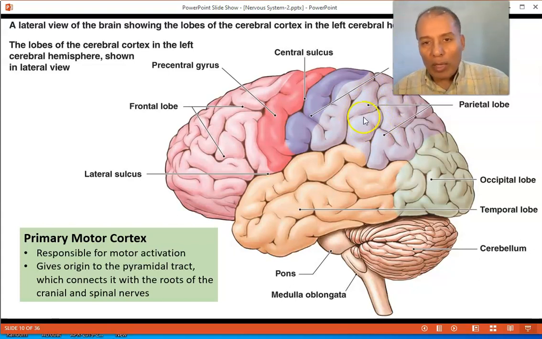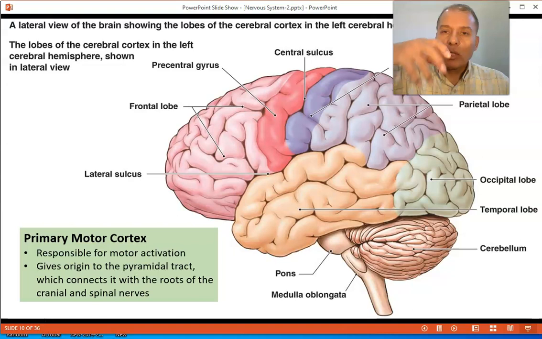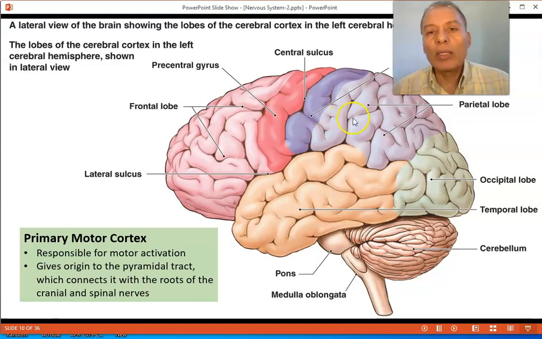So there are pathways here that connect with the premotor cortex to help in constructing the spatial motor map, so that your muscles will move in a certain space and in a certain direction, and you have to have this map before you begin activation of the muscles.